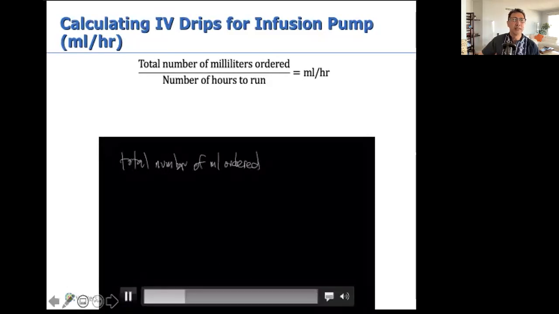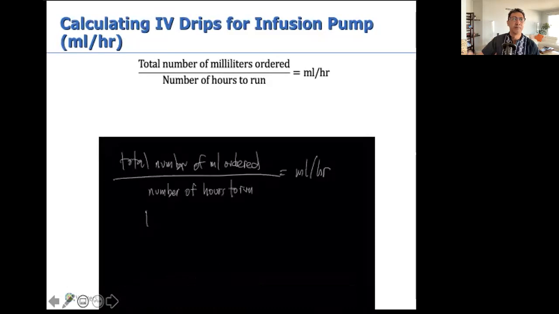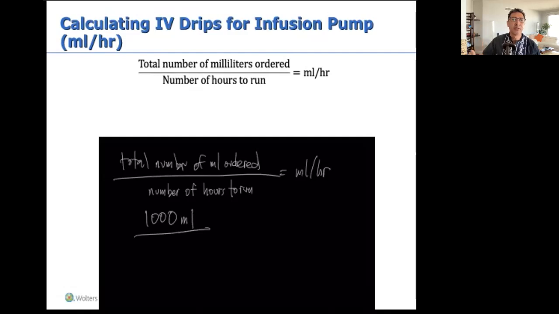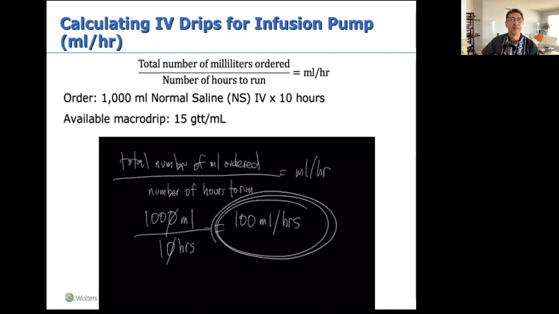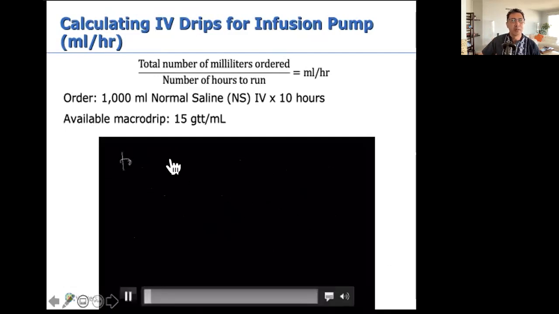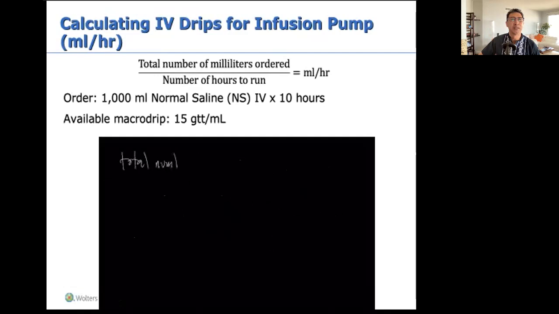There's my formula again, because I like to write it when I'm calculating something. Total number of mLs ordered, oh, I forgot to write the question, but it's 1,000 ml, number of hours to run is 10 hours. So I will be setting my pump at, with a little bit of division, 100 mLs per hour. The micro drip is there, but you don't really need it for this calculation.